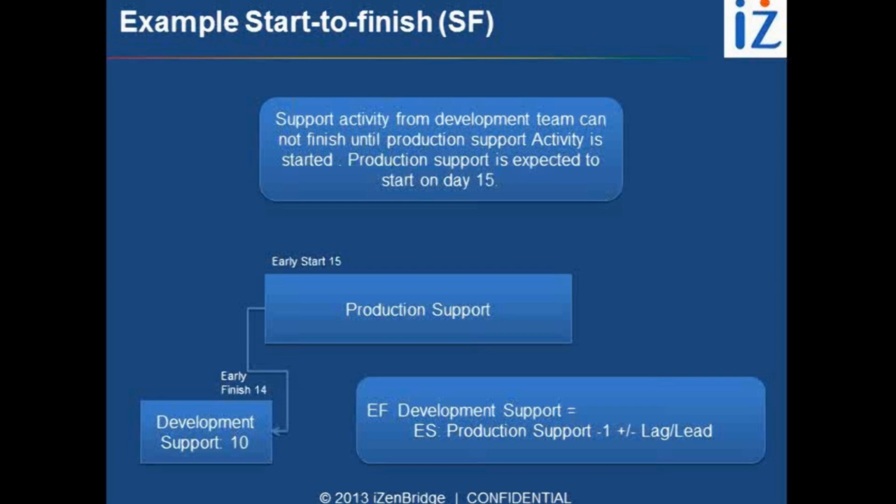If we just see a basic mathematical calculation, it may look simple, okay, this is how it is. But we need to think what is constraining them, what is stopping them. The independent activity, which is activity A or production support, is not bounded by the development support.